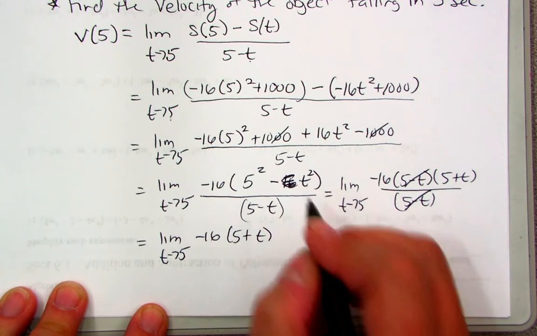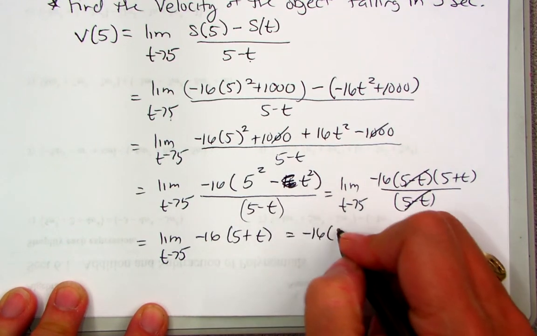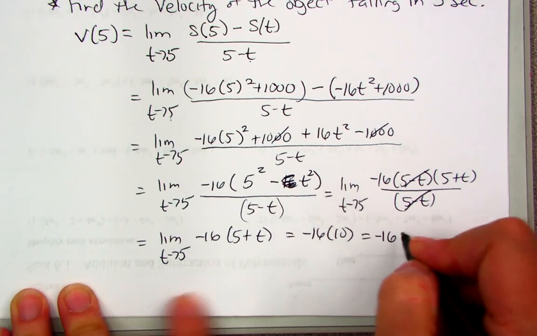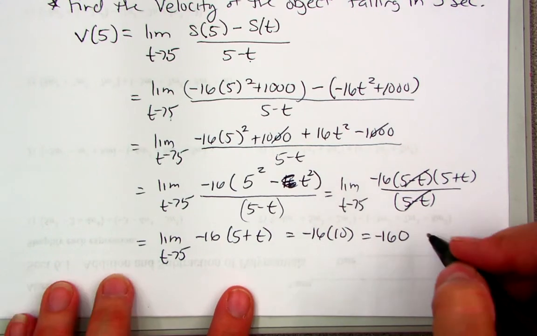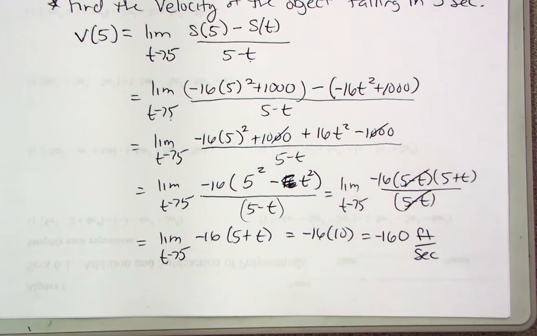Now I can go ahead and do direct substitution. I'm going to put in 5 for t. That's negative 16 times 10, that's negative 160 feet per second. That is the velocity of that object after 5 seconds, being dropped from 1,000 feet up in the air. So the negative means downward. If it was positive, it means going upward, and that would not be for a falling object.